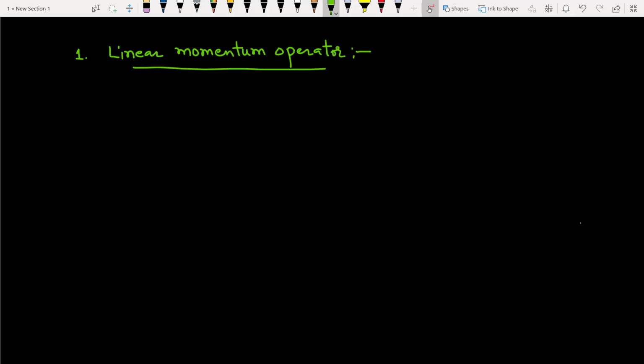The first kind of operator that we commonly use in quantum mechanics is the linear momentum operator.